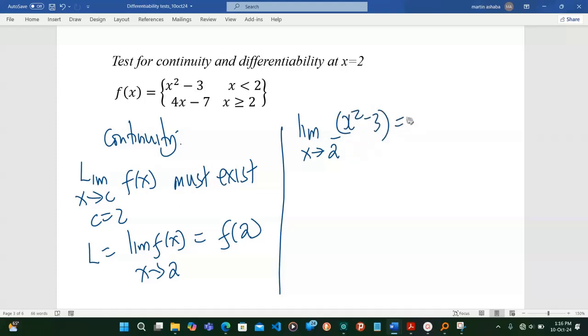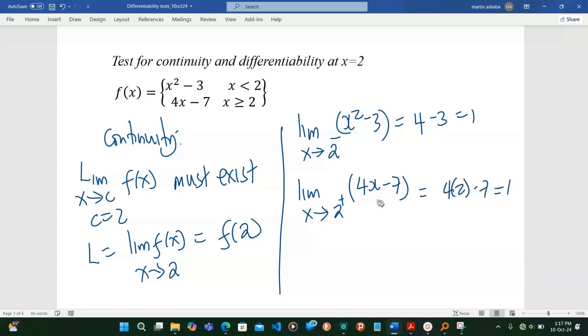This is going to be 4 minus 3, and that is equal to 1. Then the limit as x tends to 2 from the right of f of x, whereby the function now is 4x minus 7, is equal to 4 into 2 minus 7, and this is equal to 1.